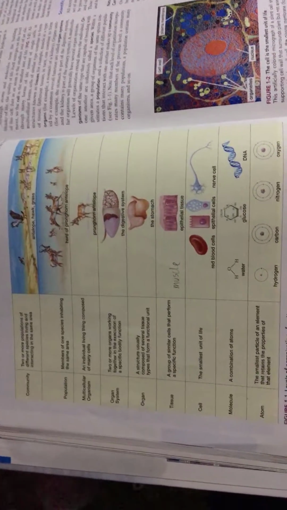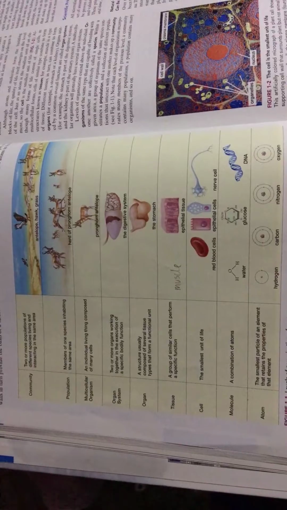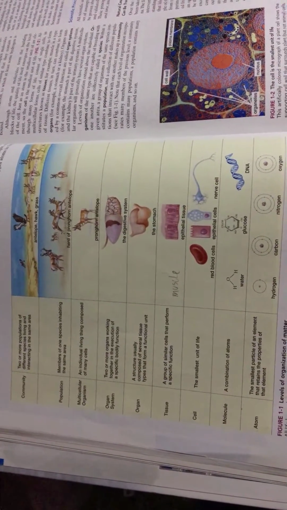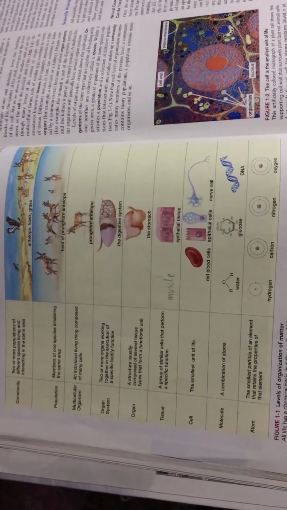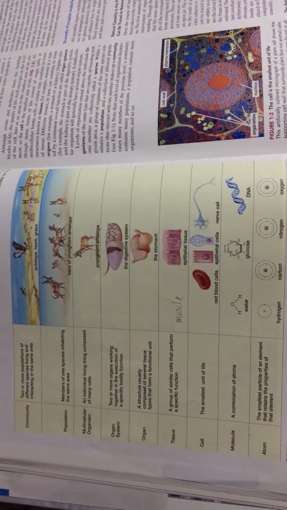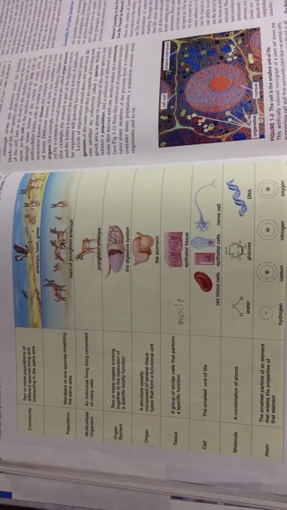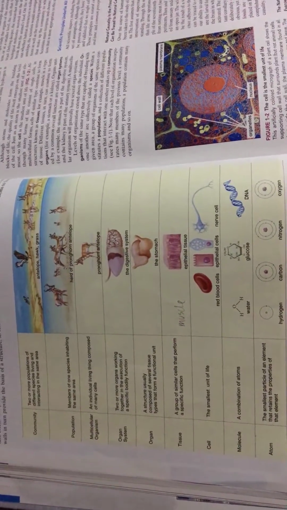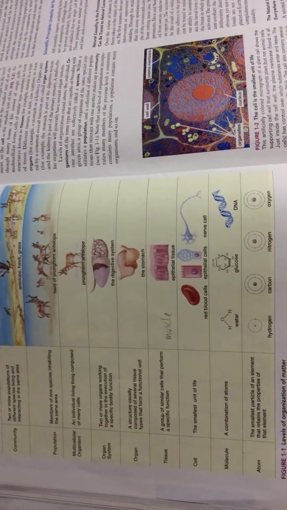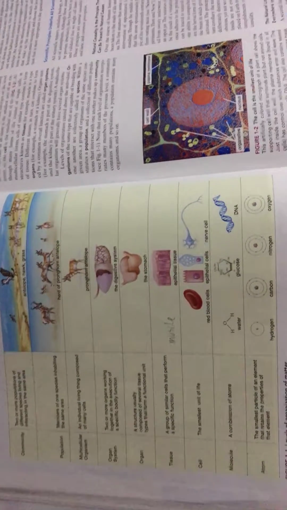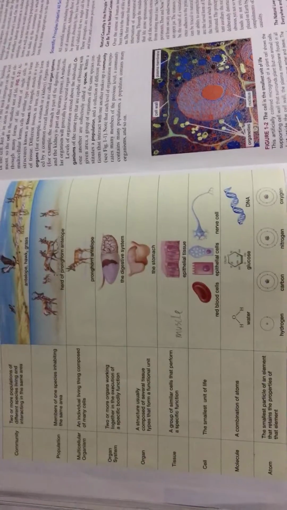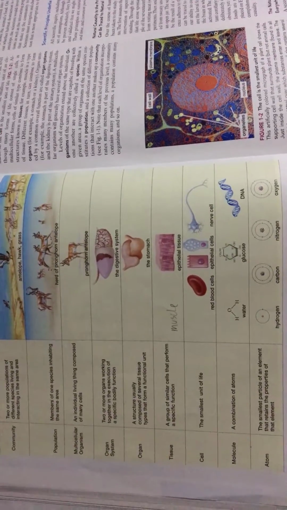This is Chapter 1, an introduction to life on Earth, and this is a basic chart explaining all the different steps all the way from atoms to community, aka ecosystem. So atoms make up molecules, which are basically elements.